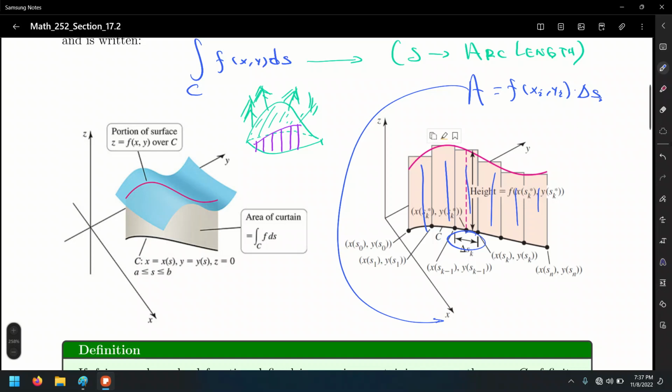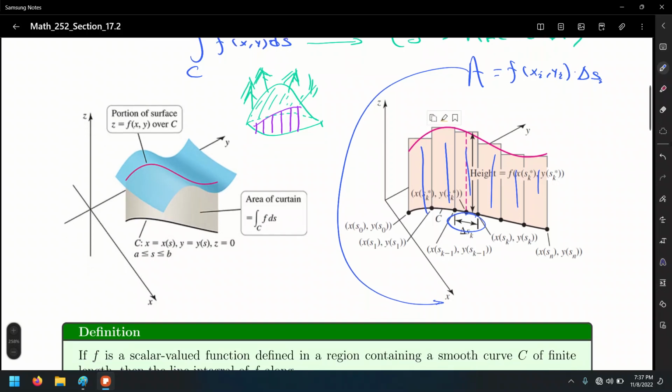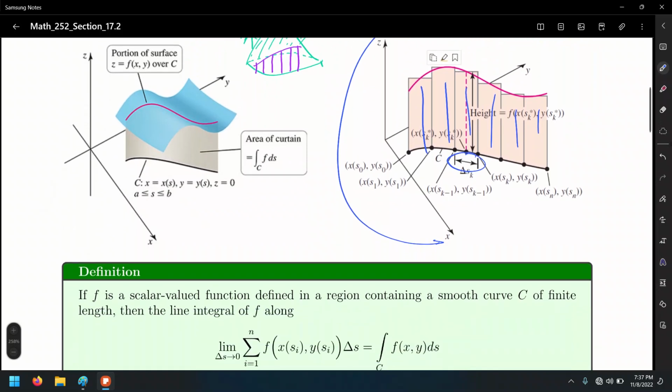We're finding the area under the path and not under the curve, really. Technically the path is a curve, but we're going to refer to a curve this time as a path.